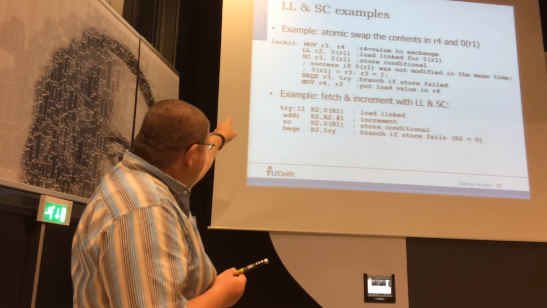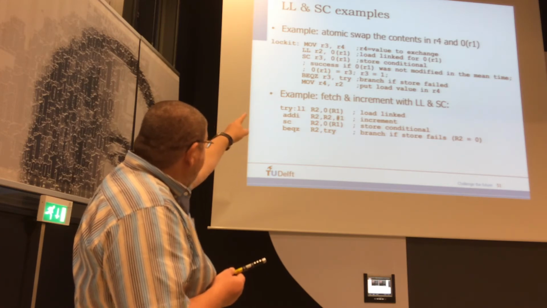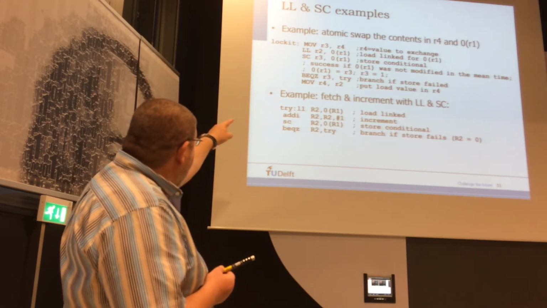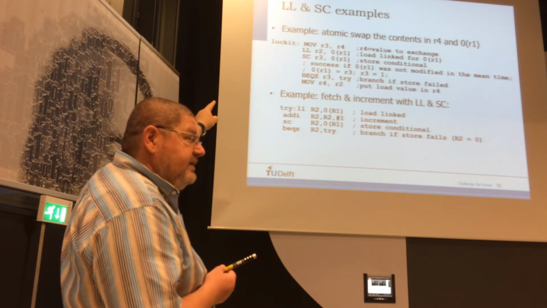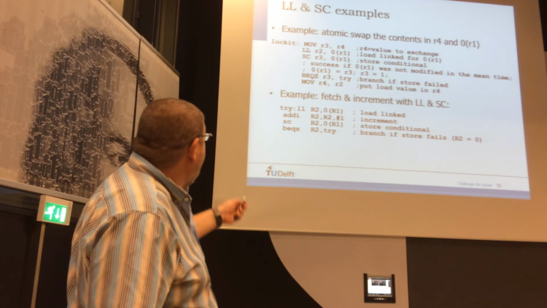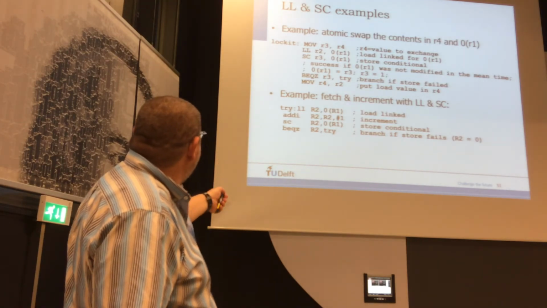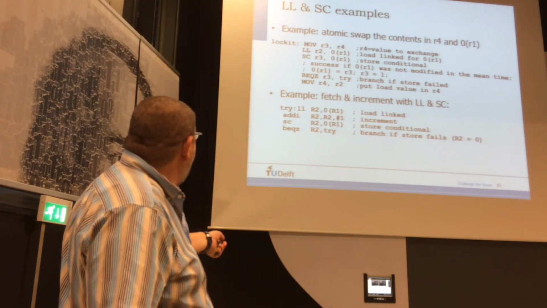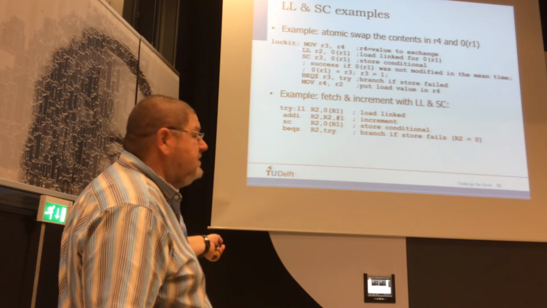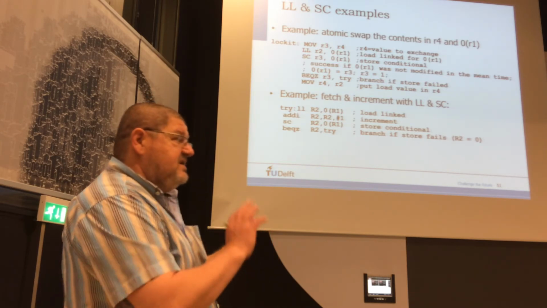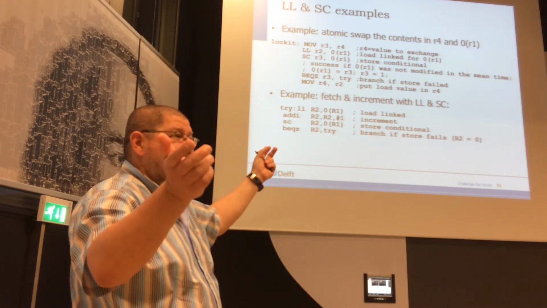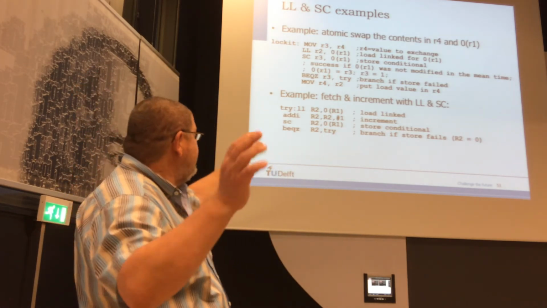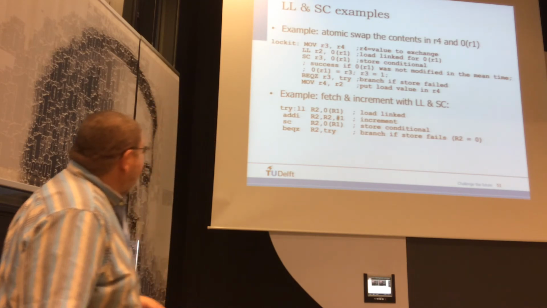Then if I could not do it and the store failed, I will return to try, which is actually a wrong label in the slide. Then I will try to do again, which is missing here, which is, I go here, here it should be tried. Then this is a swap of variables, what I'm doing in here. If you are a bit familiar with the instruction set, you can see that directly.